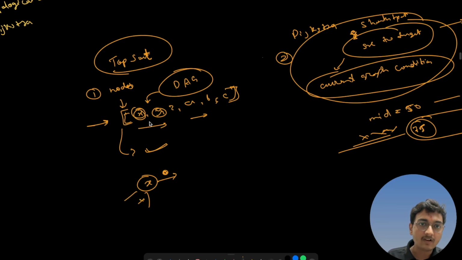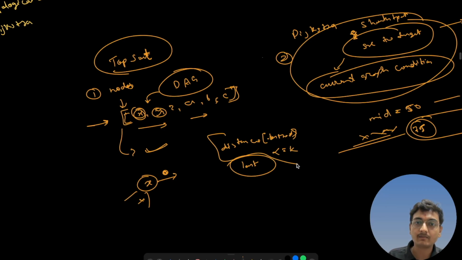In that way, I will try to find the path to the last node. At the end of the day, I will check whether the distance of my last node is less than or equal to k. Then my answer is possible using that mid of binary search; otherwise it will not be possible.